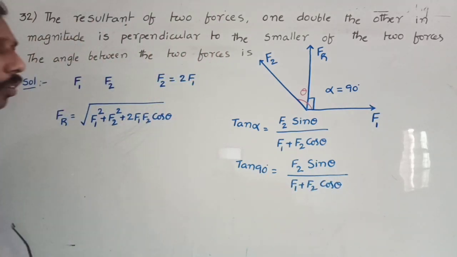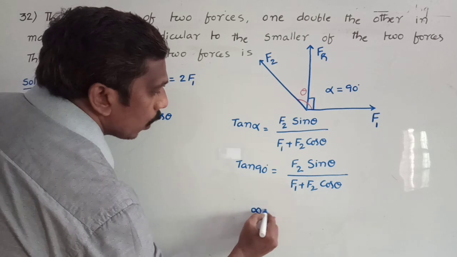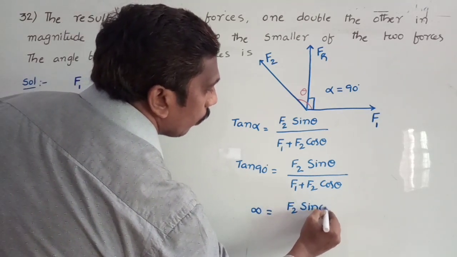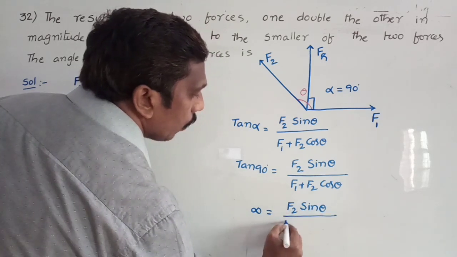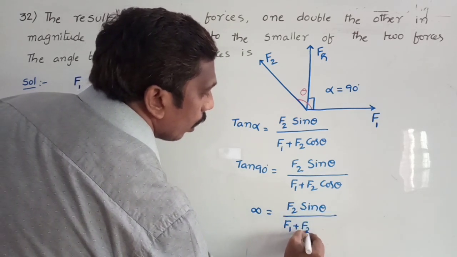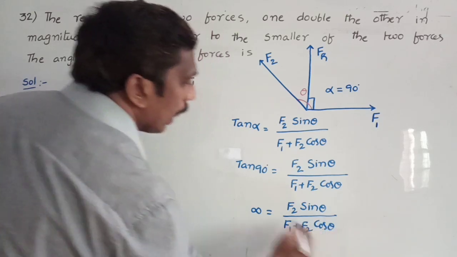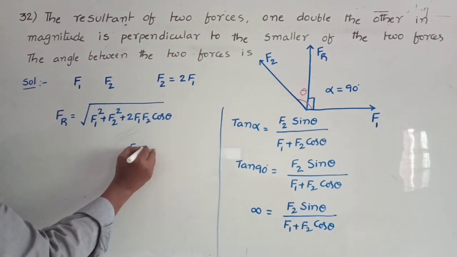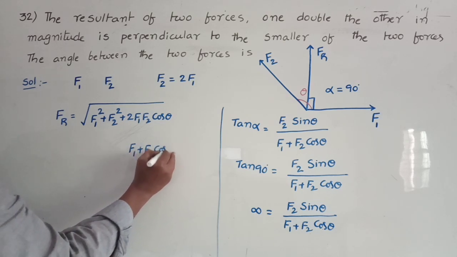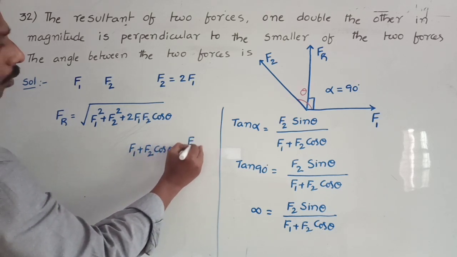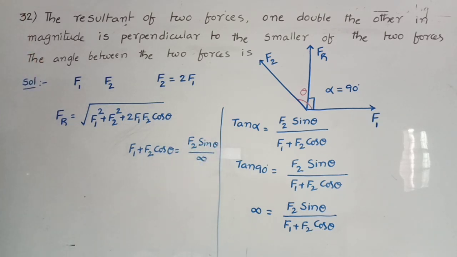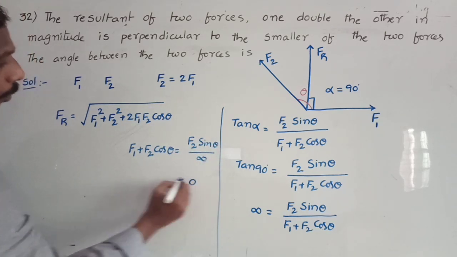Tan 90 degrees is equal to infinity, so that is equal to F2 sin theta by F1 plus F2 cos theta. Cross multiply, then we get F1 plus F2 cos theta is equal to F2 sin theta by infinity. Anything by infinity is equal to 0.